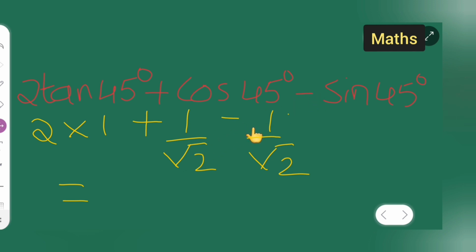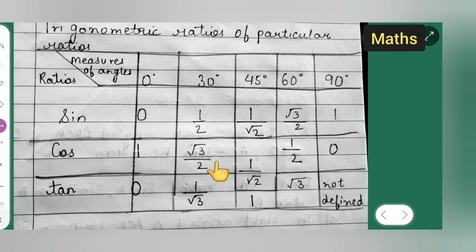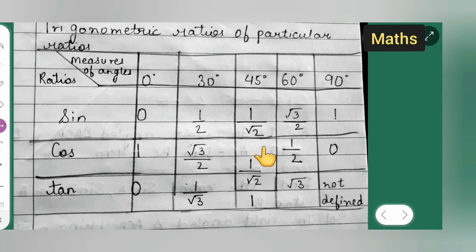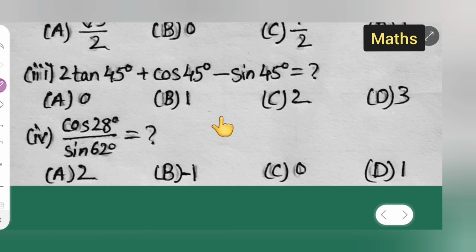Minus, put minus over here, and see what is sine of 45 degree. Now sine of 45 degree is nothing but 1 upon root 2, right? So plug that value 1 upon root 2. Then in this, two terms are going to get cancelled and what you are going to get is 2, right? Basically it is 2 ones are 2. So which option is the correct option now? Option C is the correct option, okay?